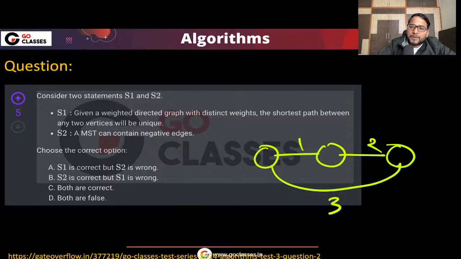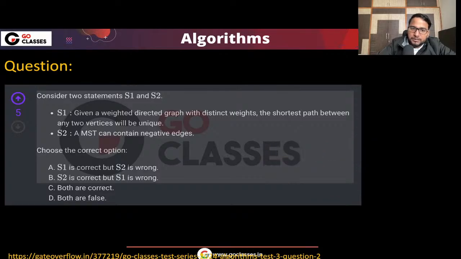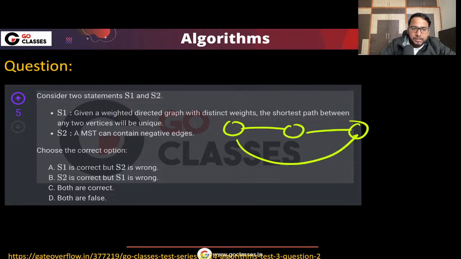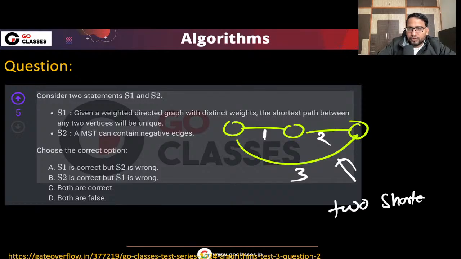So there are two shortest paths between these two vertices, right? So that is why this is false. Because there can be two shortest paths like this. So suppose the weights are distinct, this is 1, 2, 3. So here two shortest paths, right?